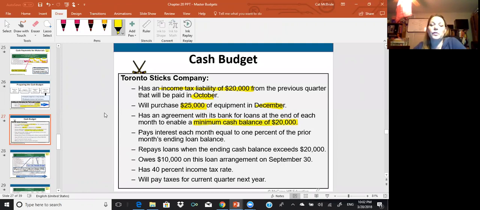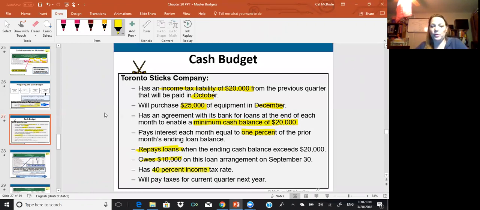We're going to pay interest each month equal to 1% of the prior month's loan balance. Whenever our cash balance is greater than $20,000, we're going to repay our loan, whatever we're able to. And right now we owe $10,000 on the loan.